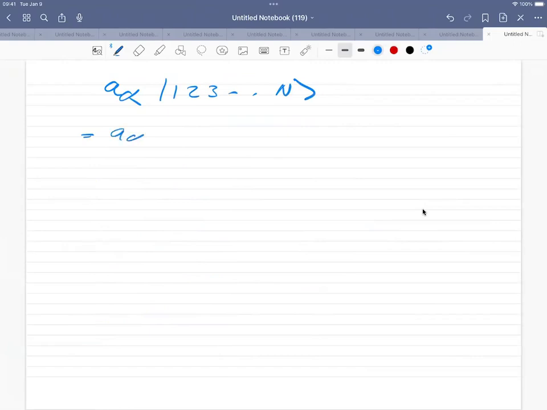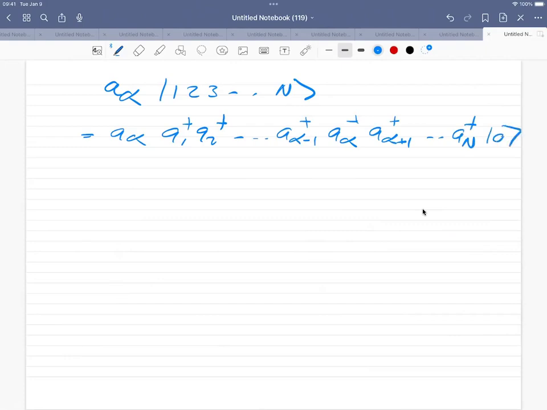this is the same as a_alpha, and then I have a1 dagger, a2 dagger, and then if alpha is included, there is an alpha minus 1, an alpha plus 1, and all the way up to a_n dagger. Then we know that we have to perform a series of permutations using the anti-commutation rules. So here we are assuming that alpha is included in this set 1, 2, 3, etc. up to n.